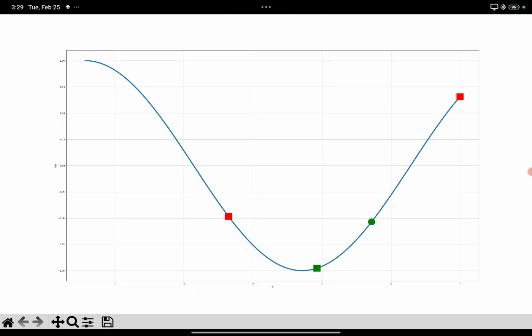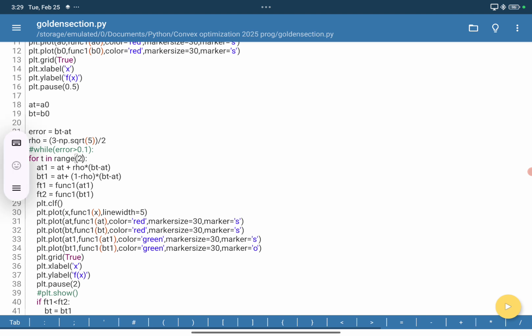So that's a1, b1. Now I get a2, b2. I can keep repeating this, a3, b3.